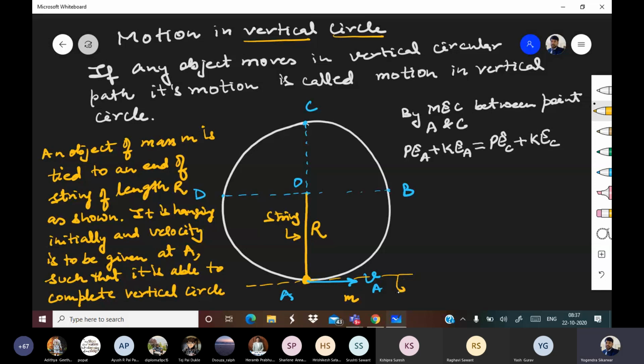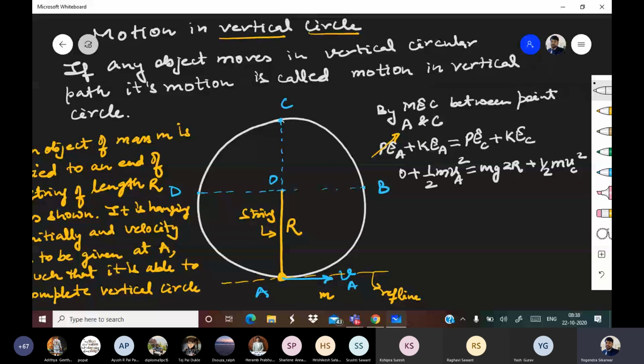So 0 plus KEA, which means half m vA square, is equal to PEC. Now you can see how much is the height of point C with respect to the reference line. That is 2R. So mg into 2R plus KEC. KEC is half m vC square.